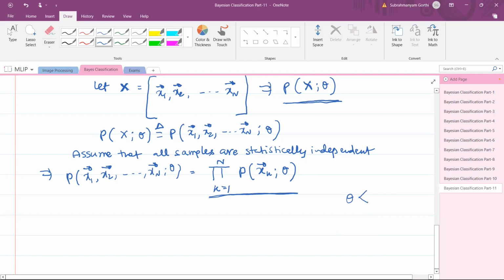If it is a Gaussian distribution, your values are mean and variance. If it is something else, for example some other distribution which is exponentially decaying, your theta might be the decay parameter. If it is some other function calculated by, let's say, some A, B, C parameters, that will be your theta.